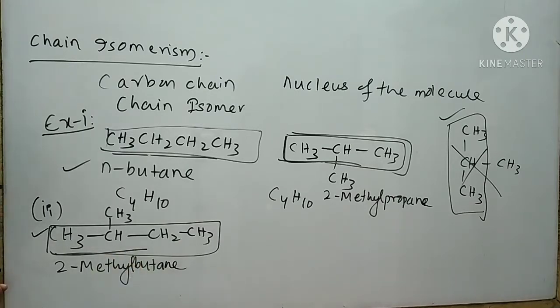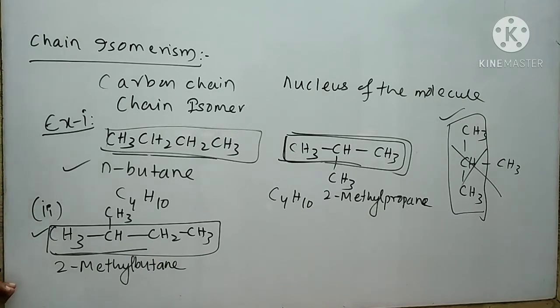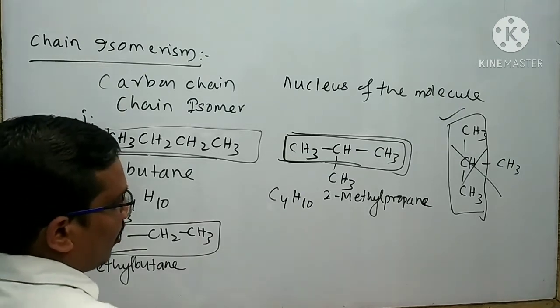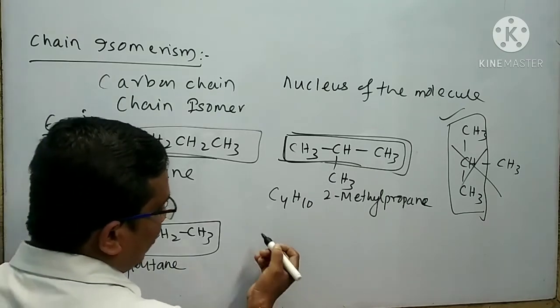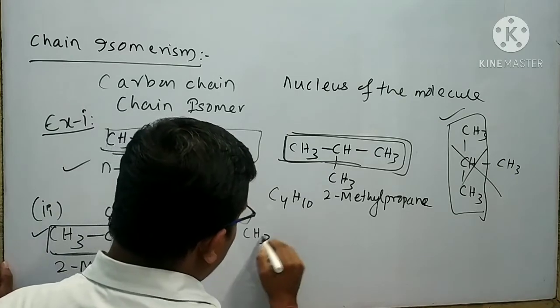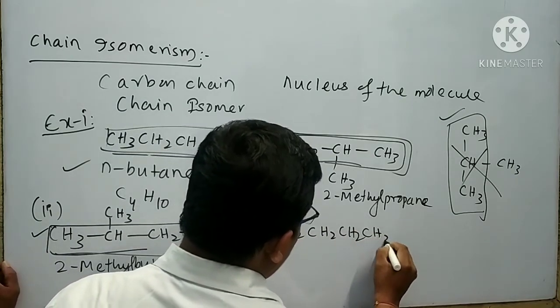In this case, I can decrease the number of carbon atoms in the parent chain and also increase the number of carbon atoms present in the parent chain. Suppose I want to draw an organic compound which has 5 carbon atoms in the parent chain, then I can draw the structure like this: CH3, CH2, CH2, CH2, CH3.